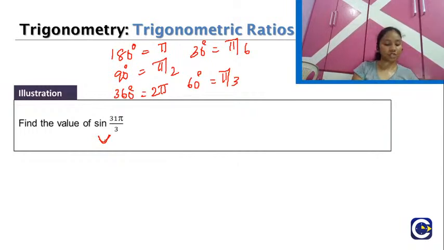If you have finished this one, please let me know the answer. Solve the second one.